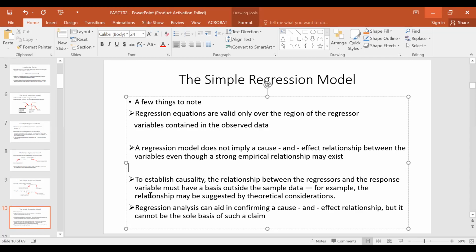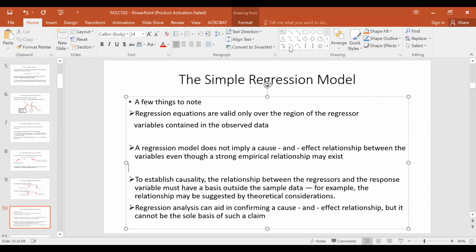So I'll say more. To establish causality, what do you do? The relationship between the regressor and the response variable must have a basis outside the sample data. For example, the relationship may be suggested by theoretical considerations.